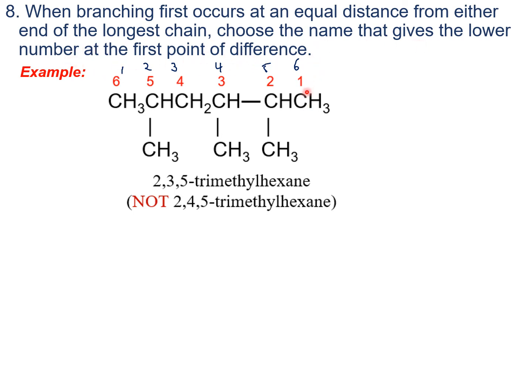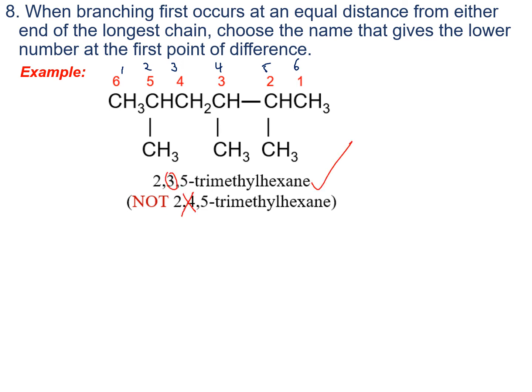For example, if you look at the numbering in red from right to left, I will get the name 2,3,5-trimethylhexane. But if I number from left to right, I will get 2,4,5-trimethylhexane, where at the point of difference we use the lowest numbers, which is this one, 3 instead of 4.